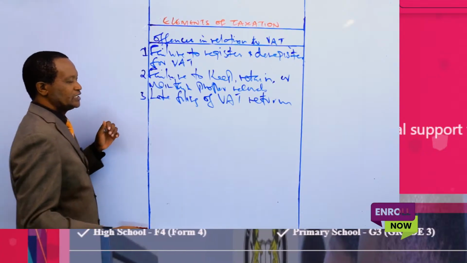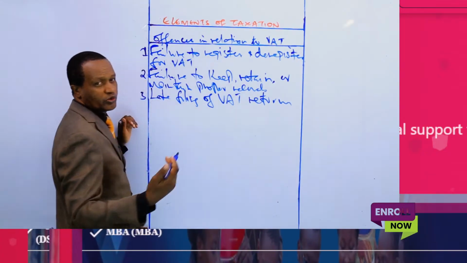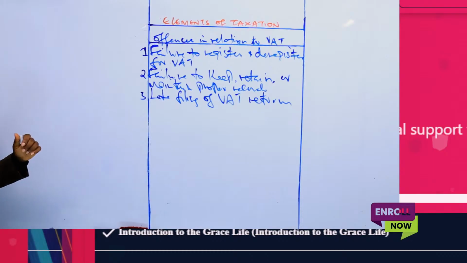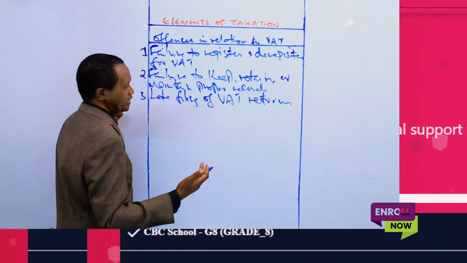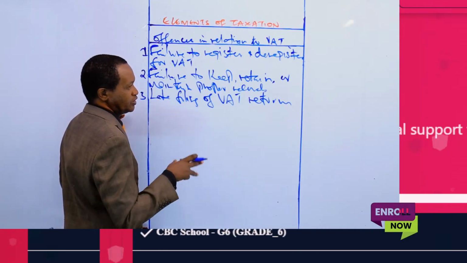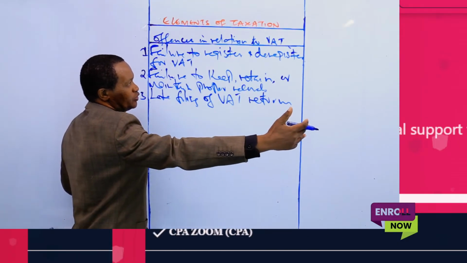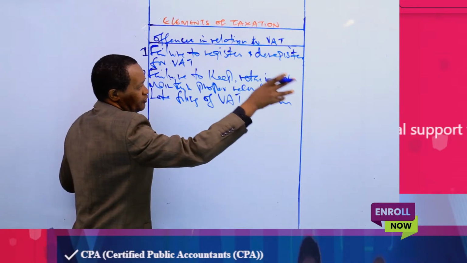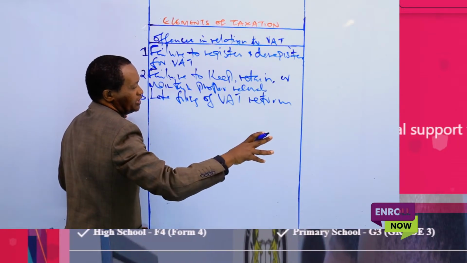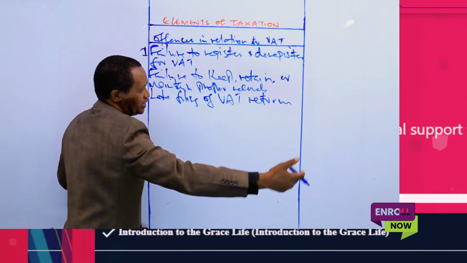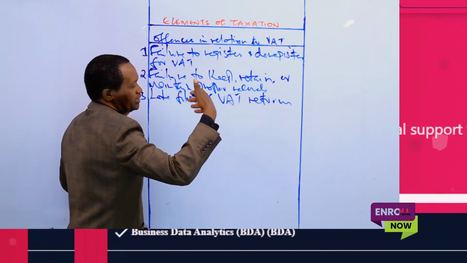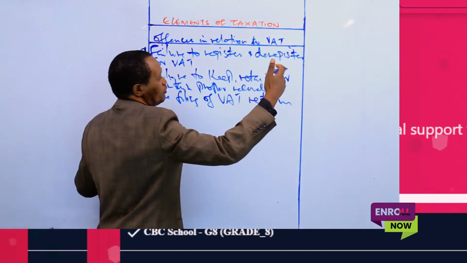The due date is 20th of the month following. So if you are to make a return for the month of January, then the deadline is 20th of February. If you are filing returns for February, then the deadline is 20th of March. If you are filing the VAT returns for March, the deadline is 20th of April.